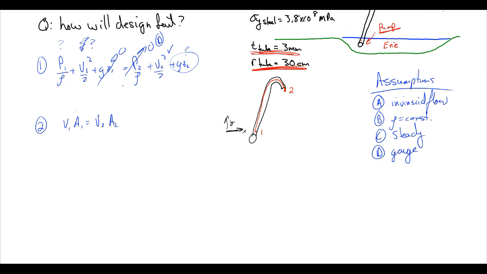So 2 into 1 gives us that V1 is equal to 33 meters per second times the ratio of the areas here. So 0.02 meters squared over 0.3 meters squared gives us a V1 that's equal to 0.147 meters per second.